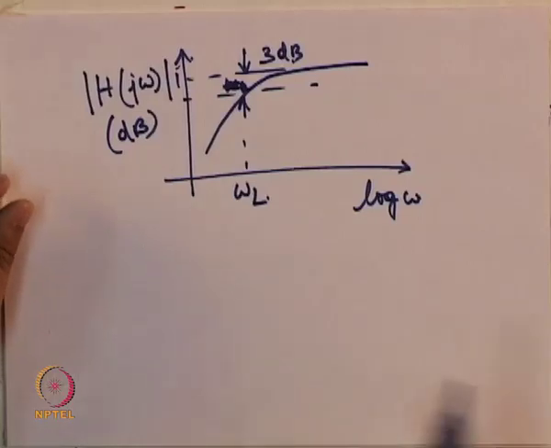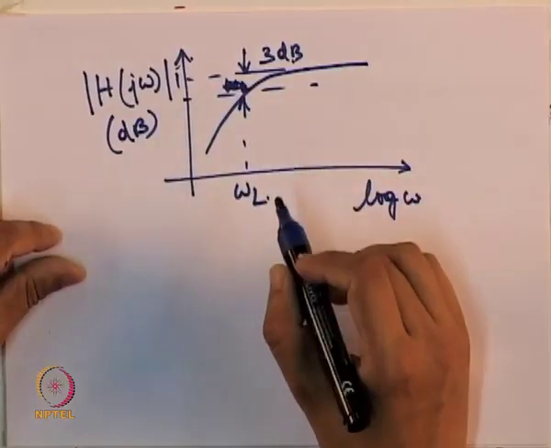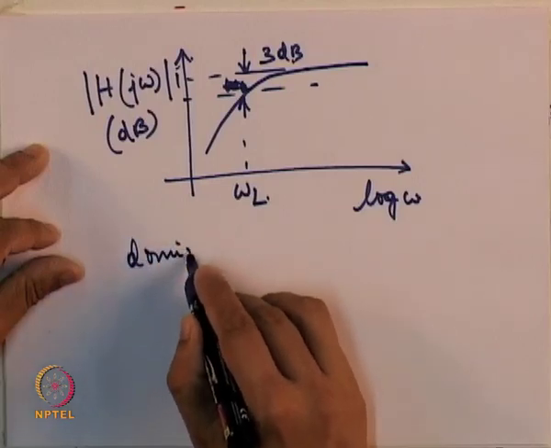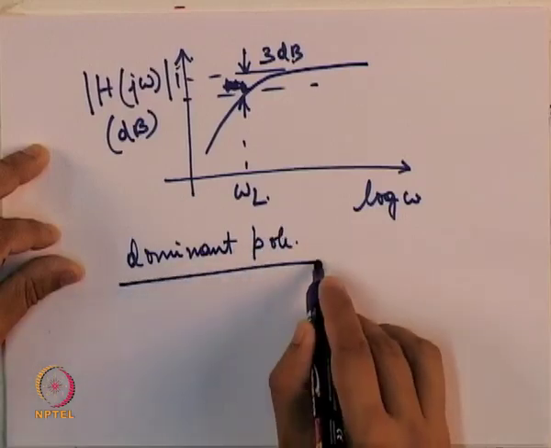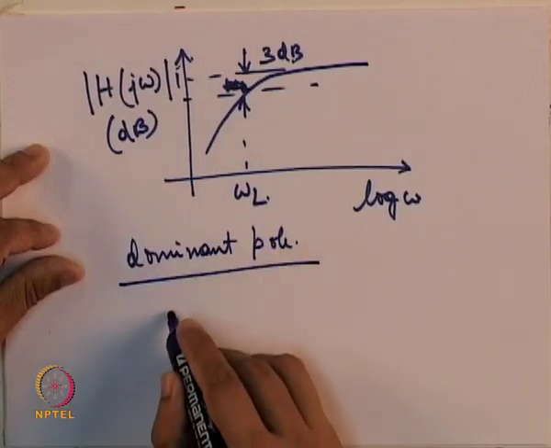So, to understand this, first of all, for a response like this to happen in any system, we need to have what we call a dominant pole. So, a dominant pole is a pole for this low frequency response case.